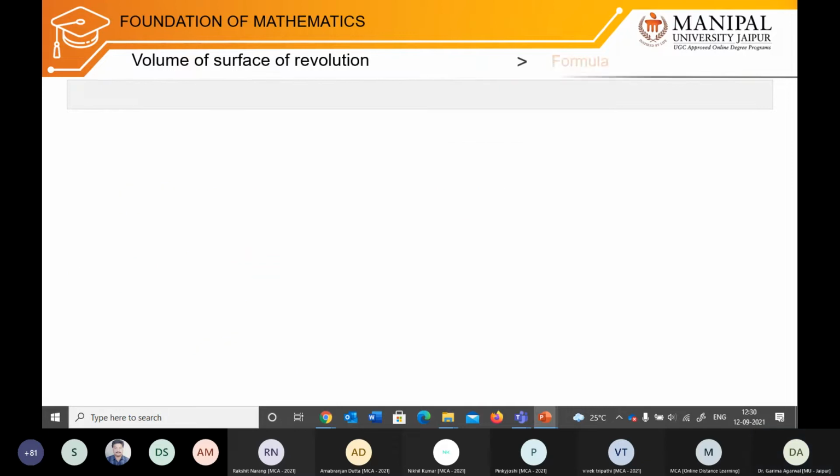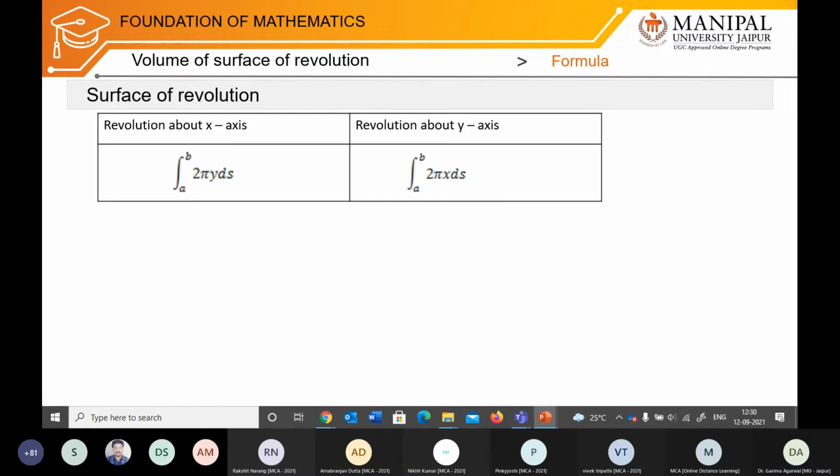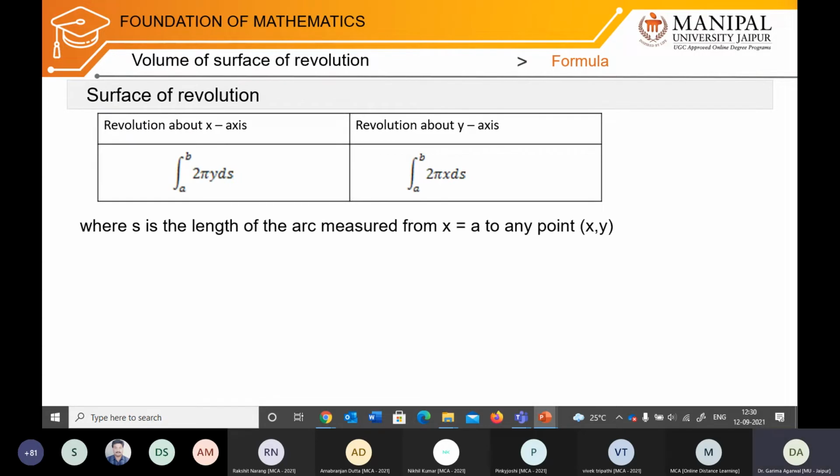Clear? This is the formula to find surface of revolution: if it is revolved about x-axis, it is 2 pi y ds. If revolved about y-axis, it is 2 pi x ds. S is the length of the arc measured from x equals a to any point.